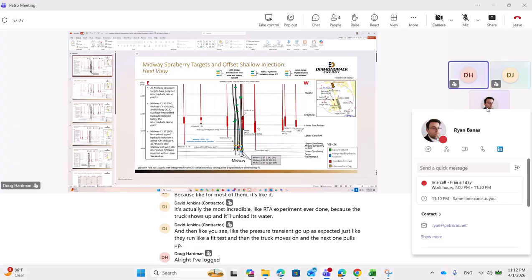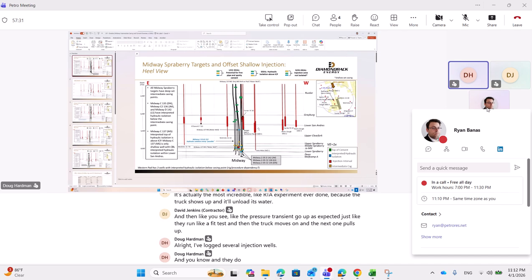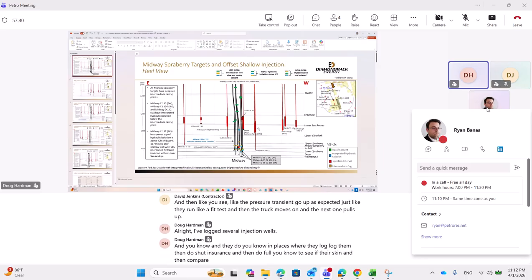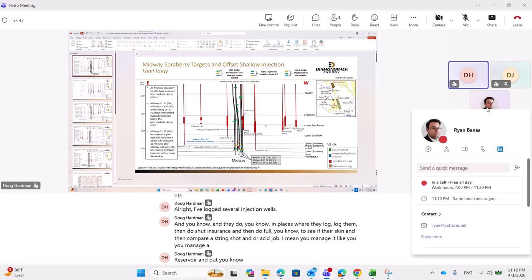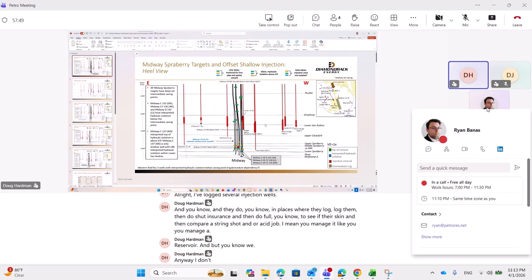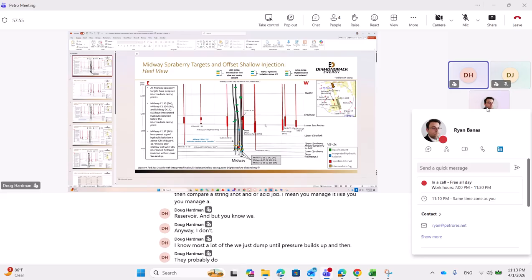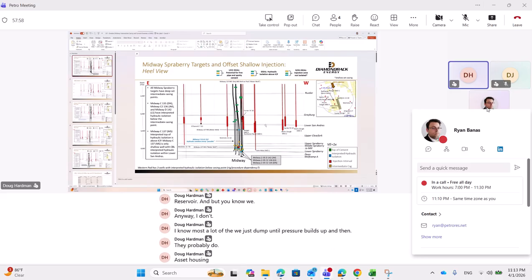I've logged several injection wells, and in places where they log them, they do shut-ins and then falloffs to see if there's skin, and then compare a string shot or acid job. You manage it like you manage a reservoir. But I know a lot of them just dump until pressure builds up and then probably do some acidizing and some remediation.